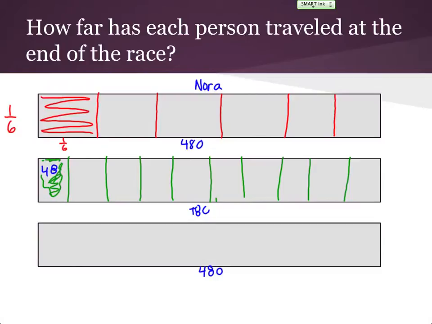And we know that Margaret traveled 1/8. You can clearly see that the 6 pieces are bigger than the 10 pieces, right? So she cut it into 4ths first, and now she's going to cut those in half, making those 8 equal pieces.